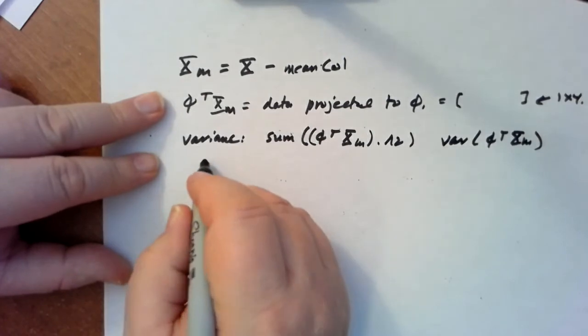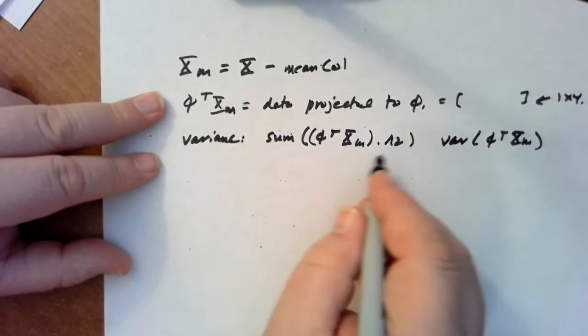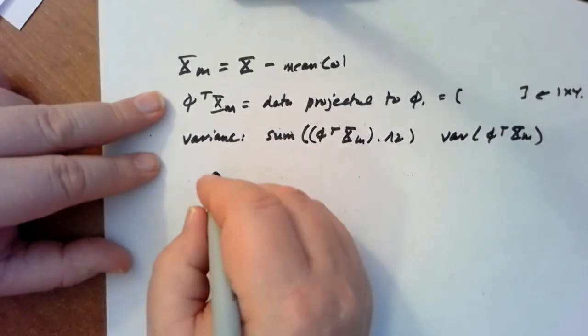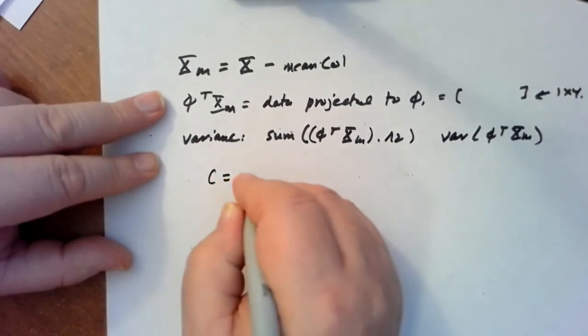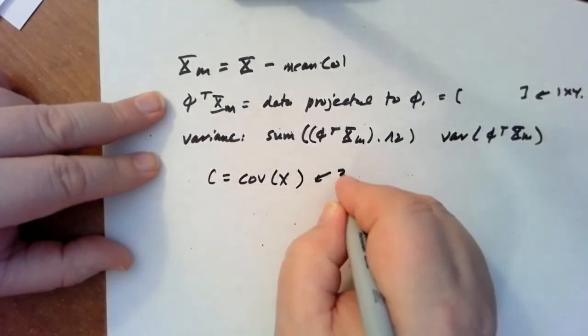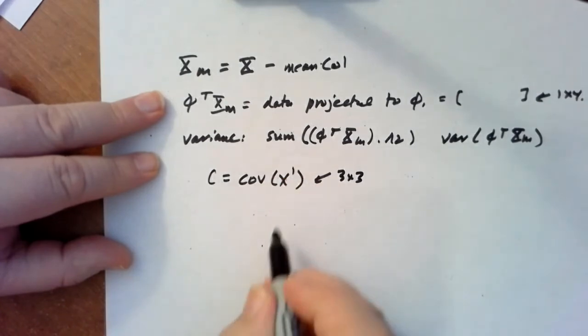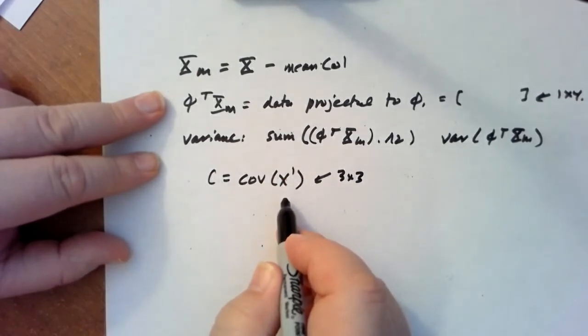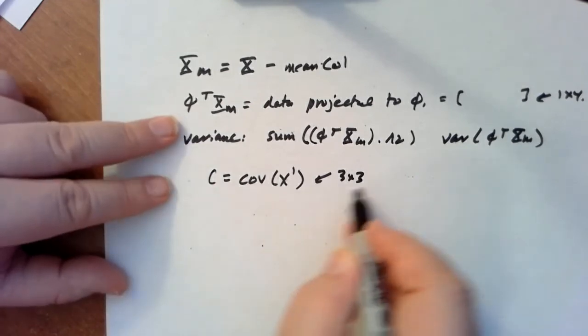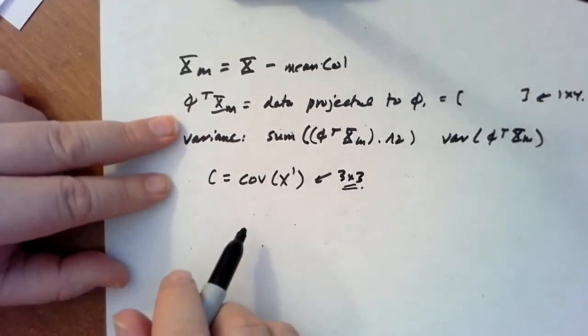Okay, and then for the second part, we just want to check that phi1 transpose C phi1 is the right thing. So we want the covariance matrix. C is the covariance matrix of X. Be sure, by the way, that this is 3 by 3. If it's not, you may have to take the transpose. It depends on how the program is set up. So just make sure that you end up with a 3 by 3 matrix.